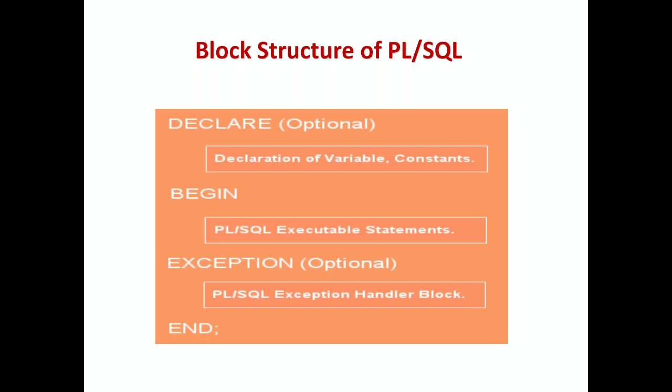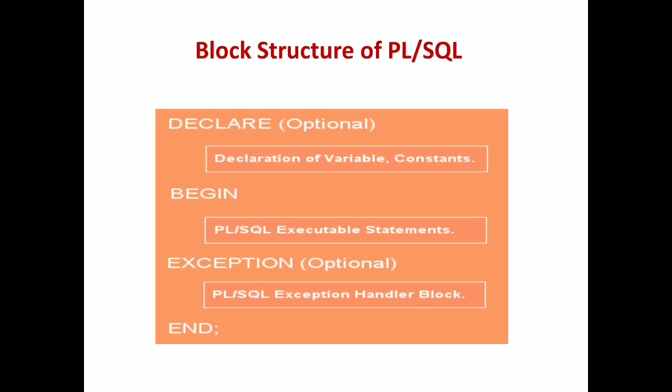Now we will see the block structure of PLSQL. Means how the program of PLSQL can be written. There are 4 blocks in the PLSQL block structure. First is declare, second is begin, third is exception, and fourth is end. Now the first part is declare, which is optional.